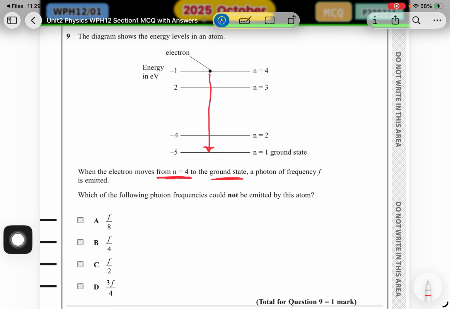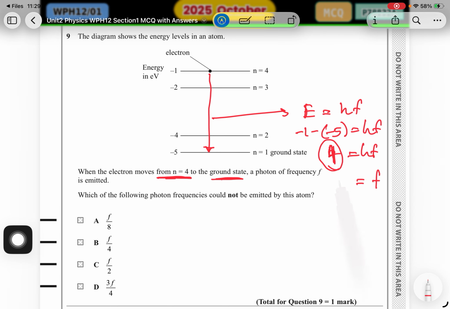Here, the emitted energy is going to be HF, because of the frequency. So E1 minus E4 is HF. The gap here is going to be 4 electron volts equals HF. So this is the energy, and F is literally 4 divided by H.